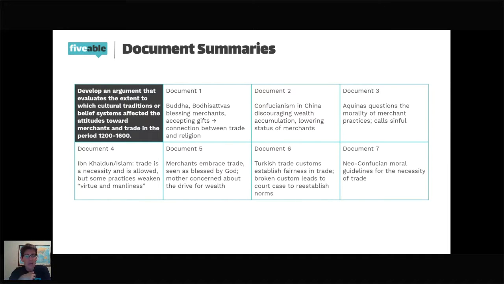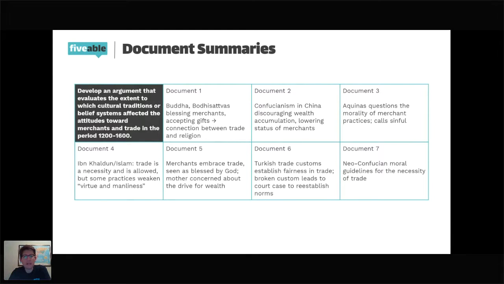Now, what I want to think about is my thesis statement, right? At this point, I have not crafted what the answer is going to be. So I want to think, well, what does this document say about how a belief system, in this case Buddhism, affected the attitudes toward merchants? And here we see a very accepting attitude, right?